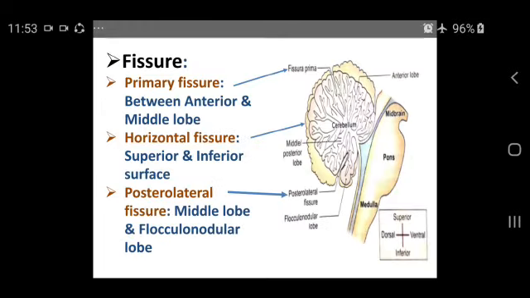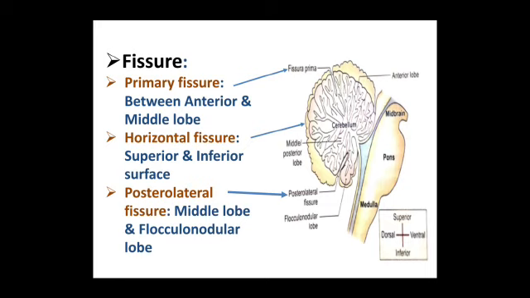The fissures seen are the primary fissure, which separates the anterior from the middle lobe, the horizontal fissure, which we saw previously, which separates the superior from the inferior surface of the cerebellum, and the posterolateral fissure, which separates the middle lobe from the flocculonodular lobe.